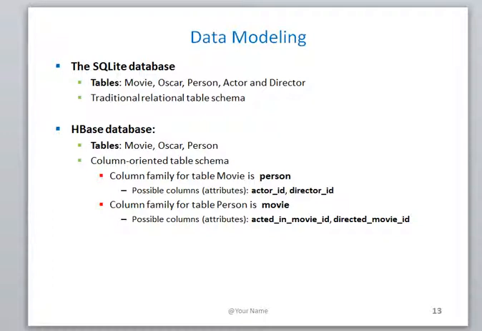Data modeling: please note that an application built against an RDBMS cannot be ported to HBase by simply changing the JDBC driver. You have to completely redesign your schema. About the movie database, the table schema was designed for a relational database. There are 5 tables involved: movie, Oscar, person, actor, and director.